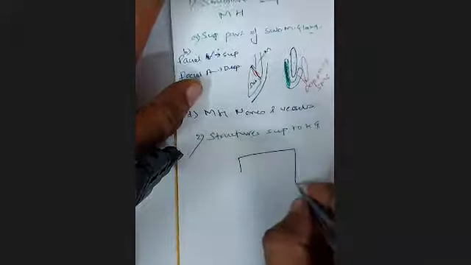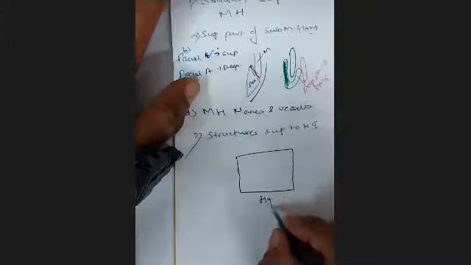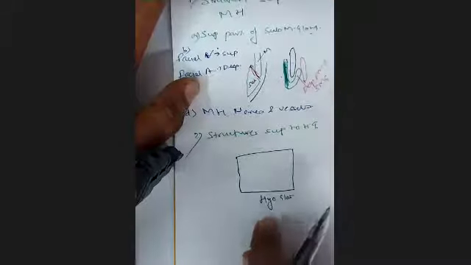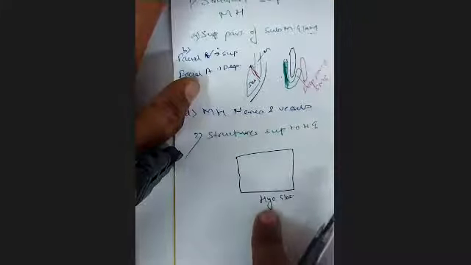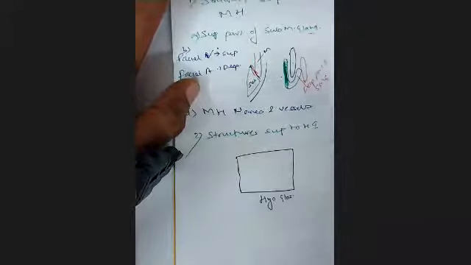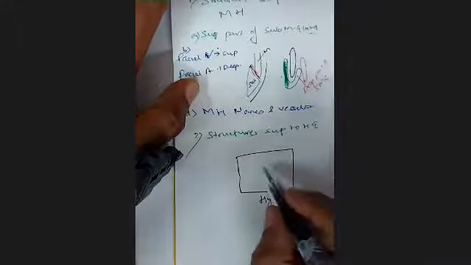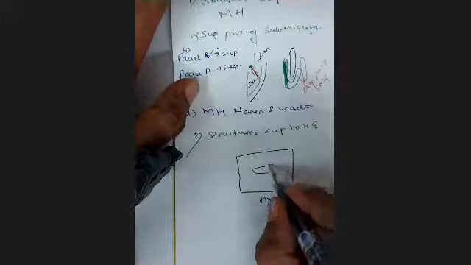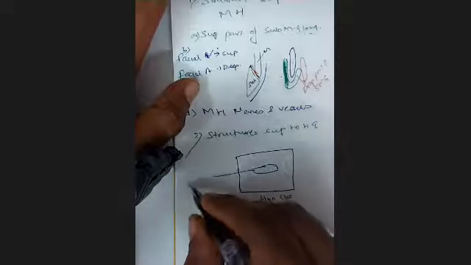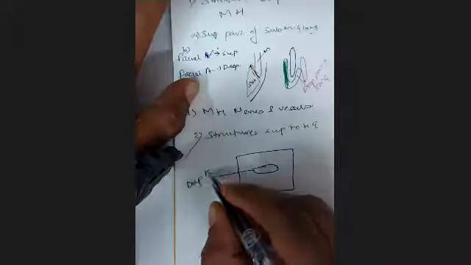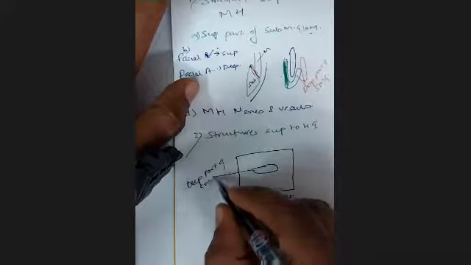Suppose this is the hyoglossus muscle. As the name suggests, it starts from the hyoid bone and goes to glossus, that is the tongue. Lying on this hyoglossus muscle is the deep part of the submandibular gland.